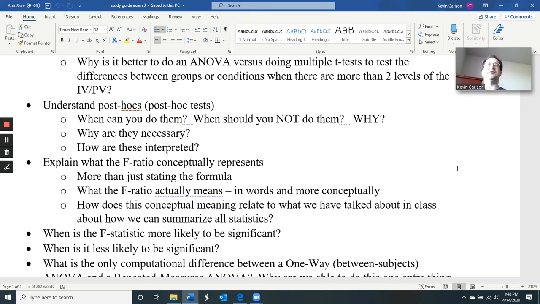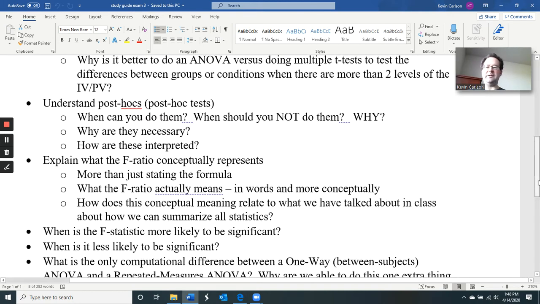If it's not significant, so we fail to reject the H0, then it's saying there are really no differences between the groups, so stop, don't go digging, because if you go digging, you could come up with a conclusion that's false, saying there's an effect there when there really isn't. So it's a protected test. It's protecting us from making too high of a type 1 error, saying there is some effect when there really isn't.